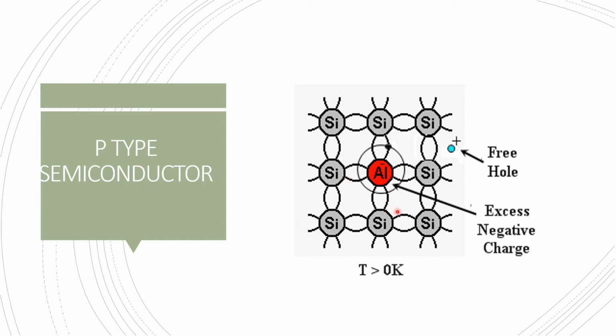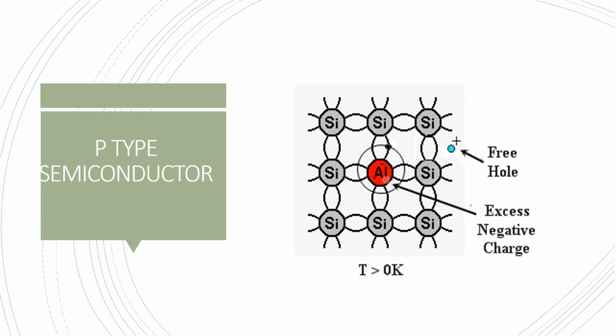So suppose when we have an aluminium atom over here, we may have another aluminium over here. So for every aluminium atom, one electron is missing. The absence of an electron is called a hole.